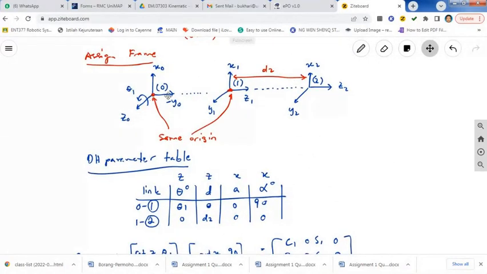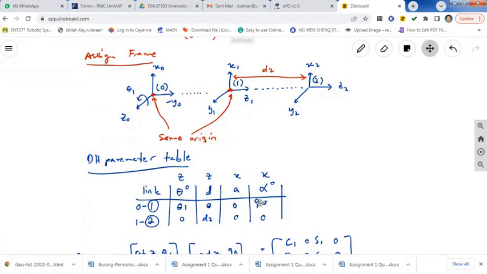So from frame 0 to frame 1, this is the DH parameter table. We have rotation on Z, and then we have rotation on X of 90 degrees.